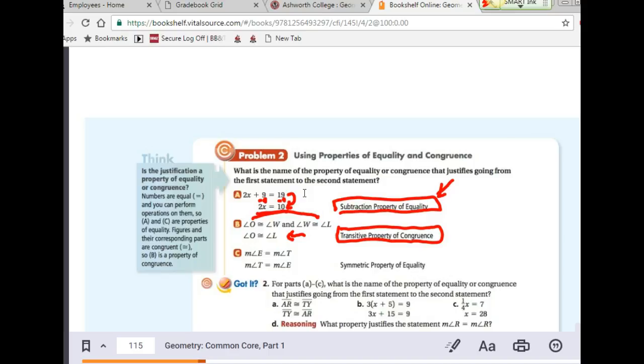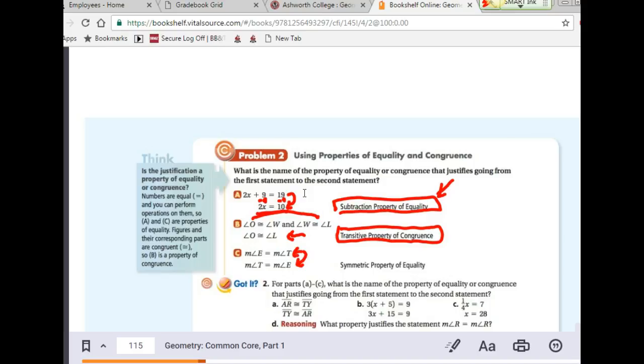Then on C, the example C, it says that the measure of angle E is equal to the measure of angle T. And then the measure of angle T is equal to the measure of angle E. Well, if you'll notice, between these two statements, they're the same two things, they're just said in the reverse way.